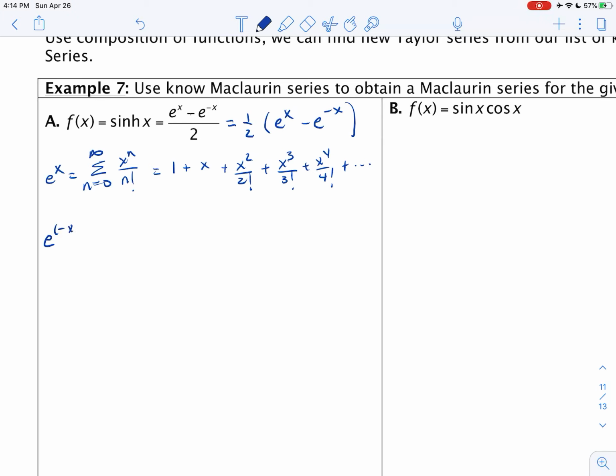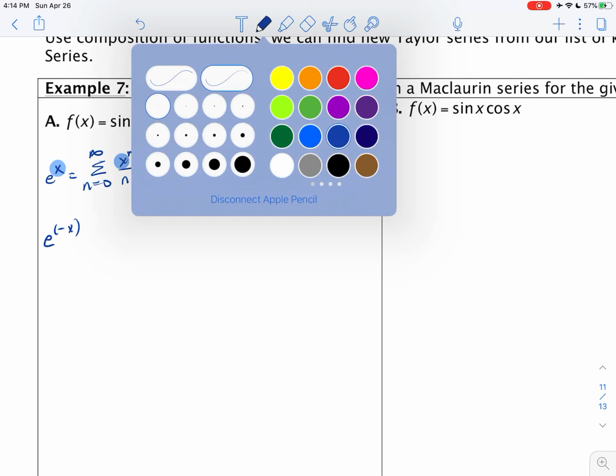Now, if I want to find an expression for e to the minus x, I'm using a composition of functions and using my known series. Remember, e to the x, whatever that x is, is what I substitute inside my known series.